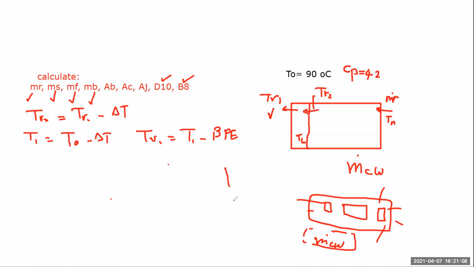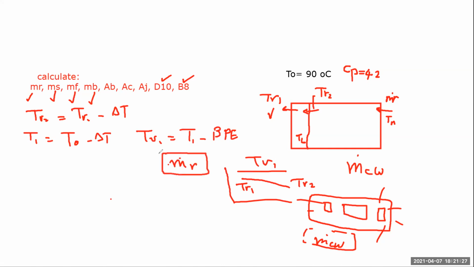So this is basically TV1, which is going to heat the fluid from TR2 to TR1. The fluid here which is heated is nothing but m dot r. This is what's passing inside the tubes.